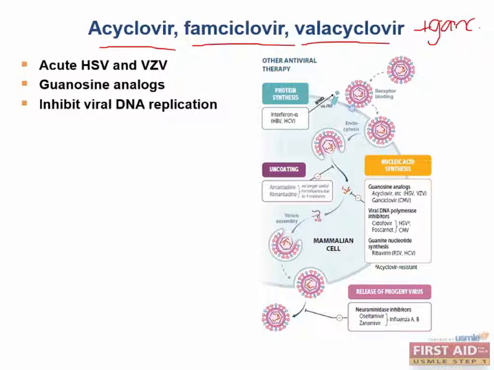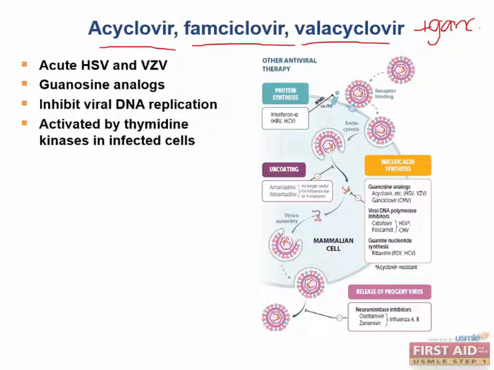So you wouldn't be crazy if you asked me, well, guanosine is used in our own cells' DNA replication, so why don't these guanosine analog drugs kill our own dividing cells? Well, the reason they don't kill our own cells is because they are activated by kinases that are only found in cells infected by the virus. Our uninfected cells do not have the kinase, and therefore these drugs are not activated. So thinking back to enzymatic biochemistry, do you remember what type of reaction kinase enzymes catalyze?